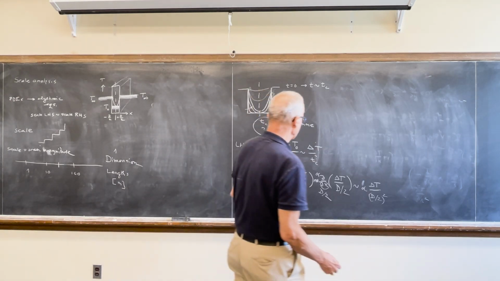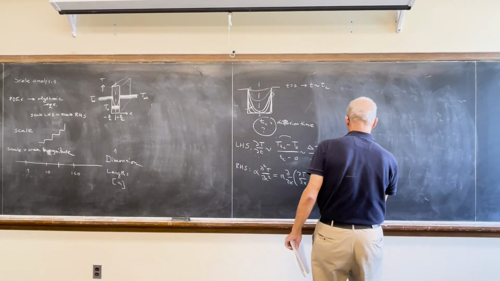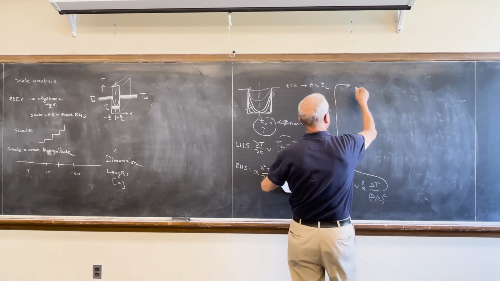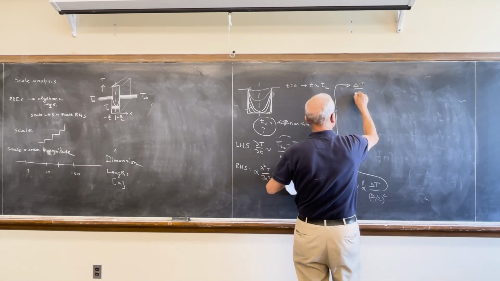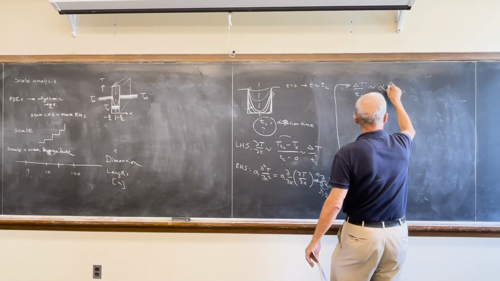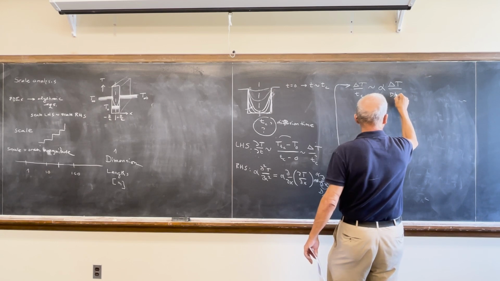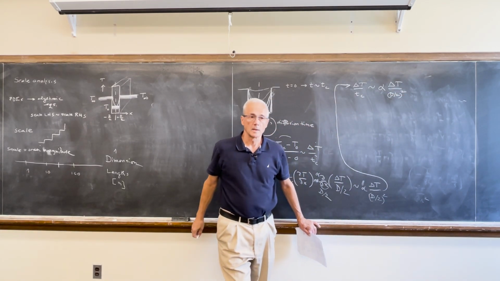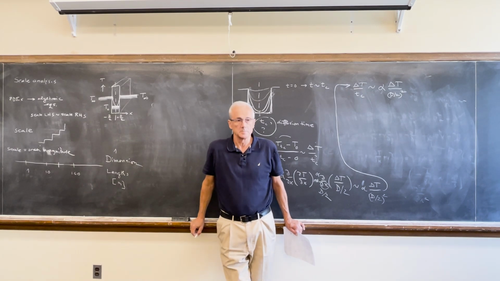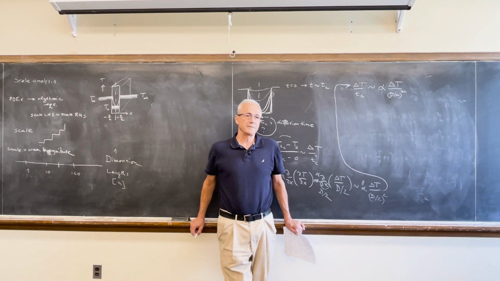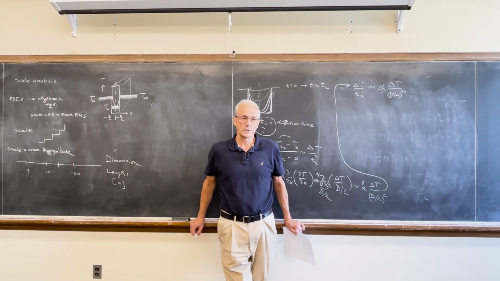In fact, I'll continue this argument here. So I'm left with, from the left-hand side, delta T over t sub c of the same order as alpha delta T over D/2 squared. In an order of magnitude sense, and with great confidence, because the problem is that simple.